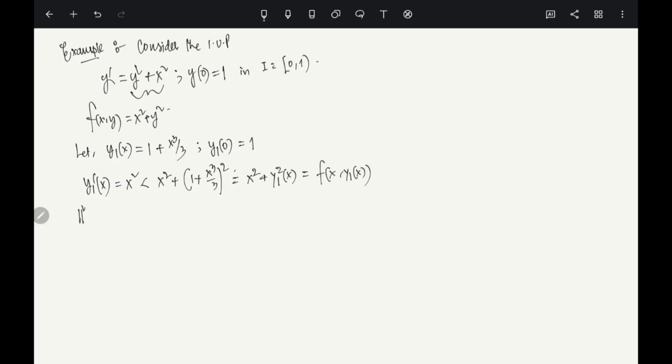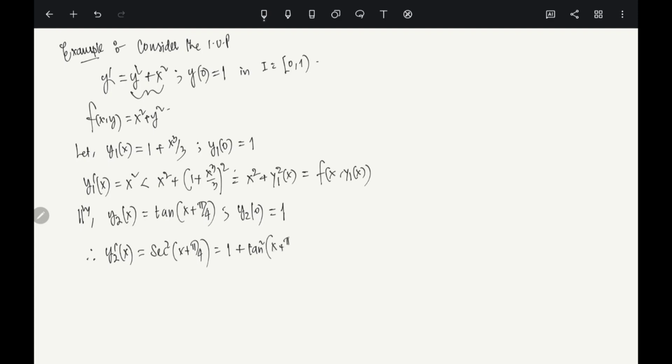Now similarly, if you choose y2 of x to be tan of (x plus pi by 4), what is y2 at the point 0? Of course, you can understand that at x equals 0 it is tan pi by 4, which is nothing but 1. Therefore y2 prime of x is the derivative, sec square of (x plus pi by 4), which is nothing but 1 plus tan square of (x plus pi by 4).